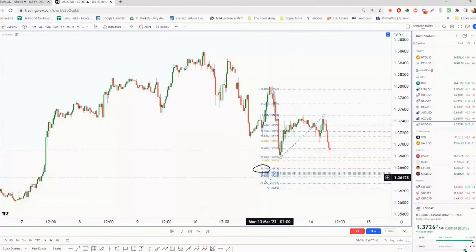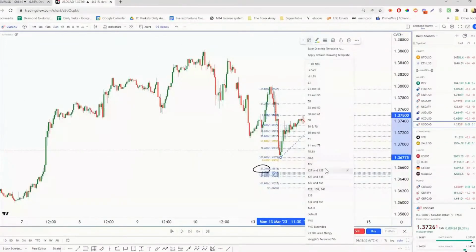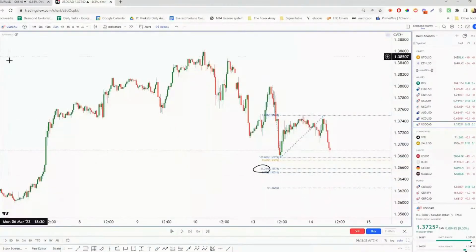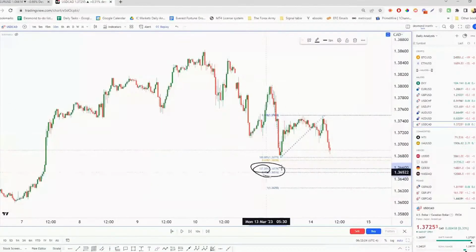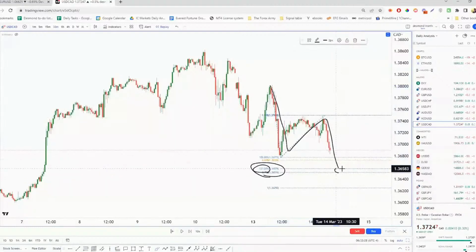I'm going to remove everything and leave the 127 over there. What we then notice is that there is a 127 and there's a 78.6 Fibonacci projection. So it's all lining up in this area. That means my pending order will be in this region.